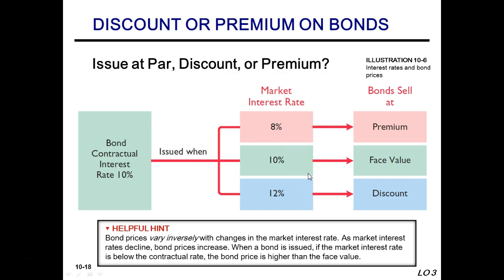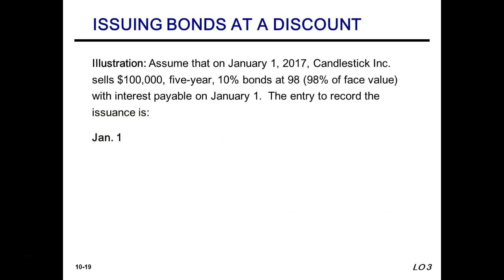So we want to make sure that we recognize when we're reading through the problems if it's issued at a discount or a premium or at face value. So let's look at the journal entries for a discount.